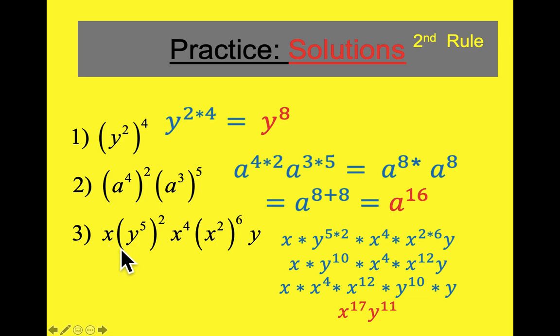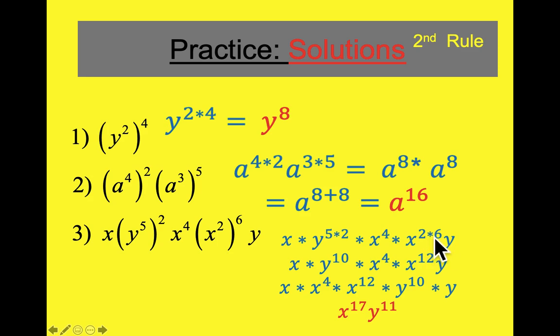All right, in this next line, we again have multiple x's, and we have a power raised to a power and a power raised to a power. So that's the first thing that we take care of. We've just pulled the x over, and then we've applied the power rule to say y to the 5 times 2. Then we brought the x squared term over, and then we applied the power rule so that we have x to the 2 times 6, and then we brought the y over.